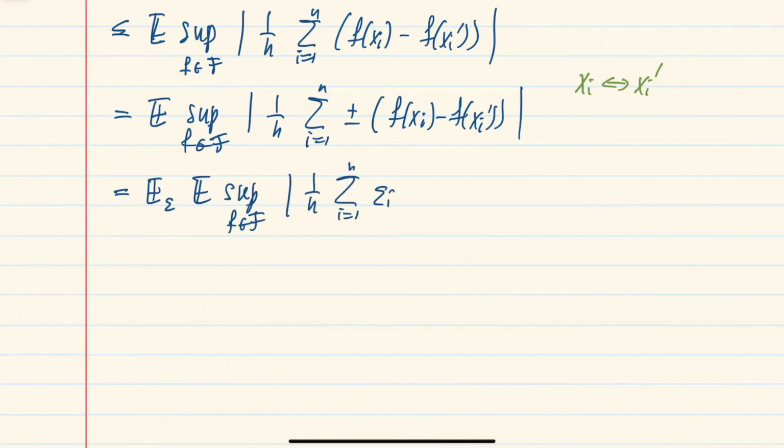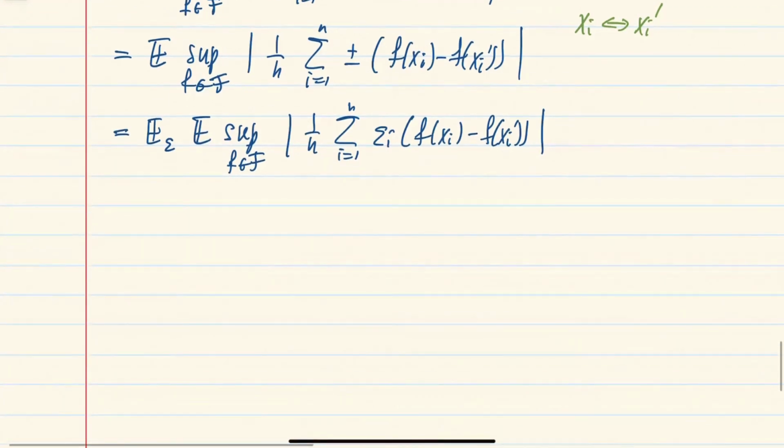Okay, so in here, instead of plus and minus, I put epsilon i taking values plus or minus 1. Their distribution can be whatever you like as long as they are independent of the xi's and xi primes, of course. And then we'll just use the triangle inequality to separate in this supremum the xi's from the xi primes.